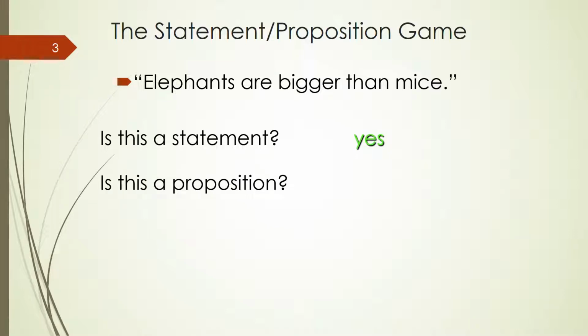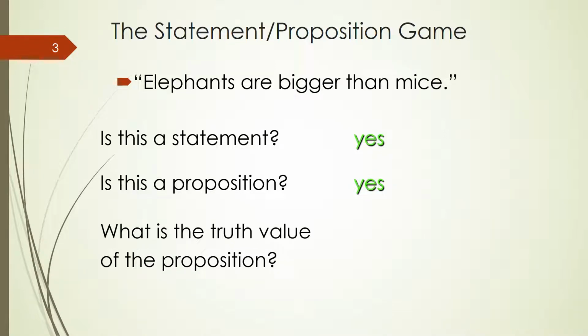So is it a proposition? Another condition for a proposition, it either must be true or false. So elephants are bigger than mice. Yes, that is either true or false. And elephants are bigger than mice, so we can say that this proposition is true. So the truth value of this proposition is true.